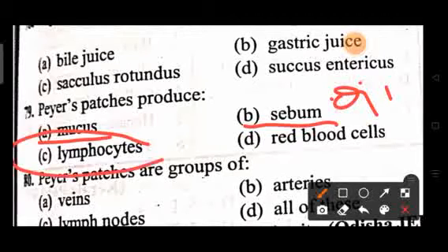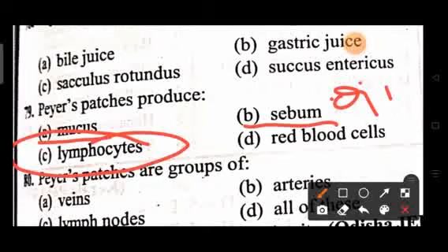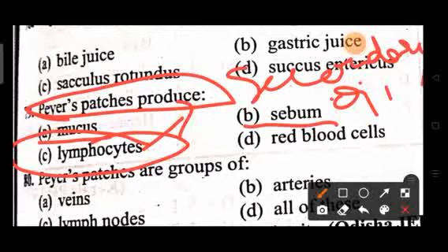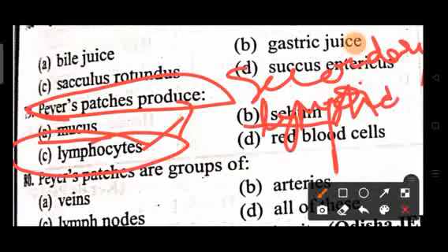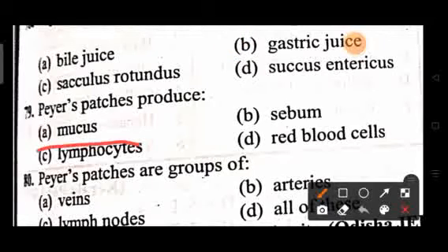Lymphocytes is the answer for this question. Lymphocytes are produced by the Peyer's patches, which are secondary lymphoid organs. So the answer here is lymphocytes.